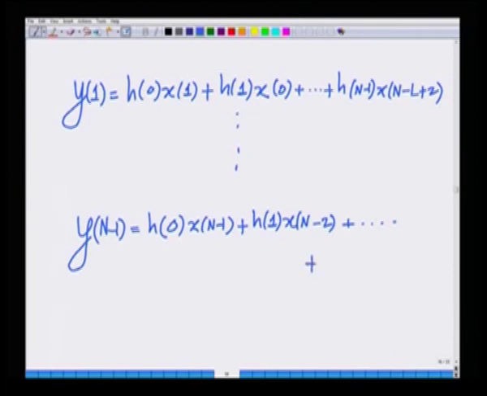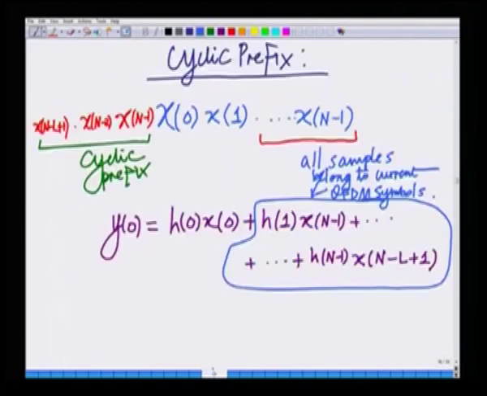In fact, I can write this as h l minus 1 x n minus l. Okay, so now you can see essentially that what I have done here is I have removed, by prefixing this OFDM transmitted symbol, this large symbol of samples x0, x1, xn minus 1.